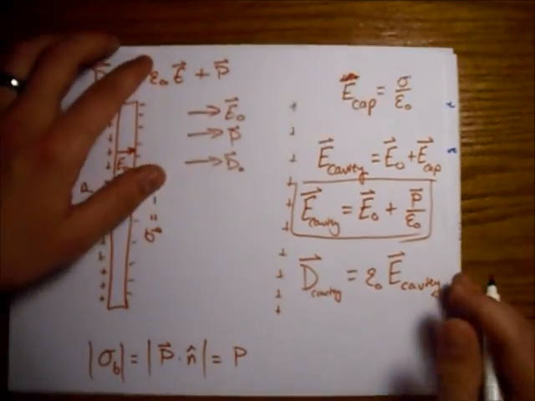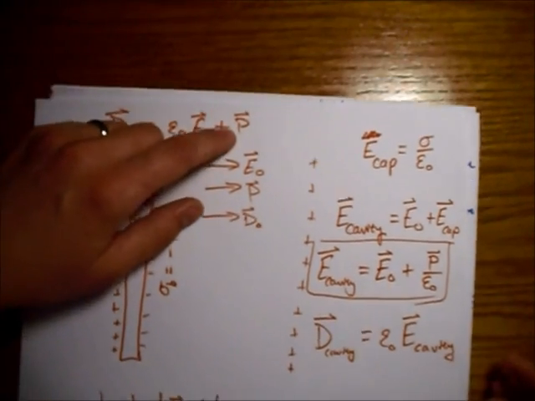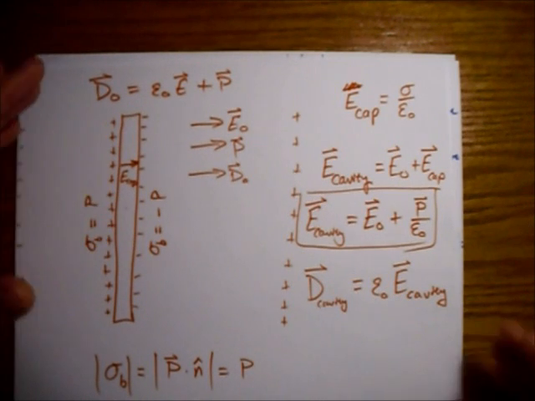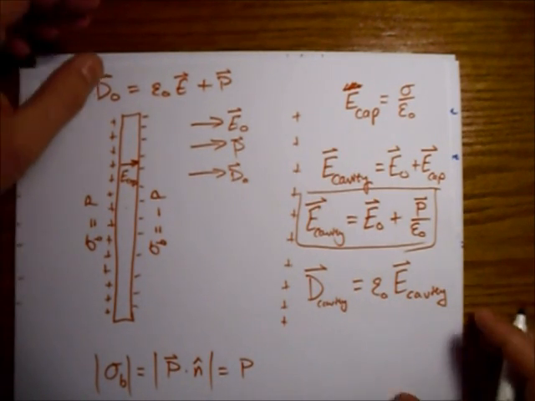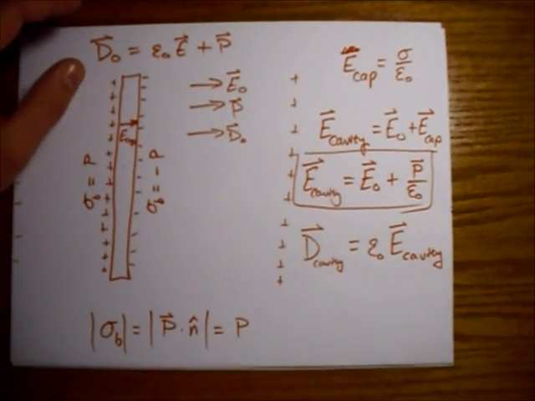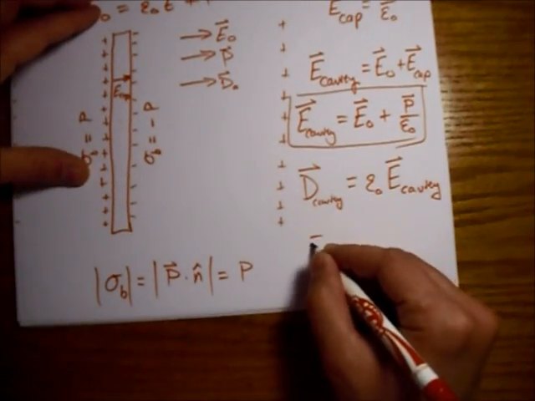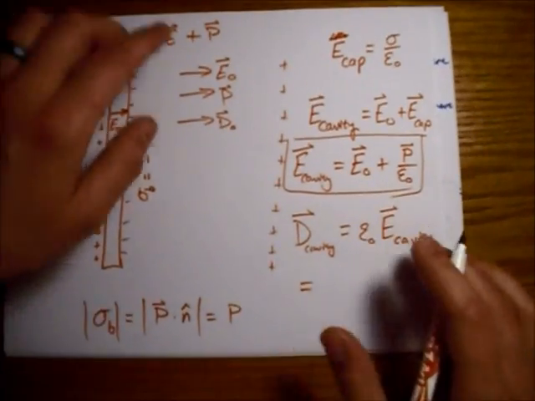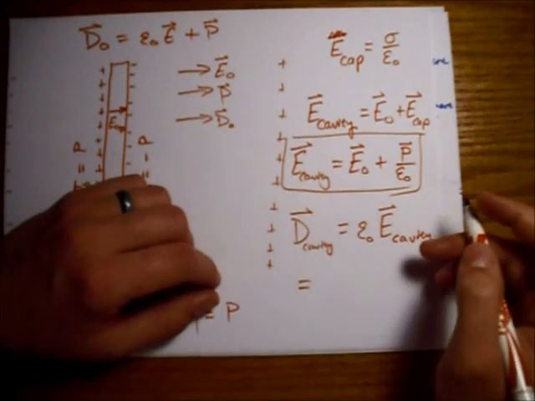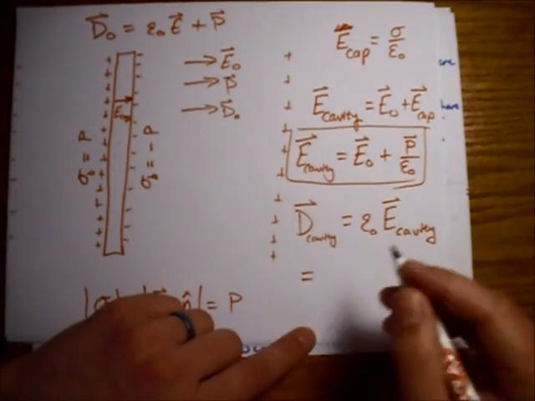Remember, the polarization inside the cavity is 0. We've canceled that out with these bound charges. The reason I write this up here is because we're going to put this in terms of D naught, just like we did with the other two.